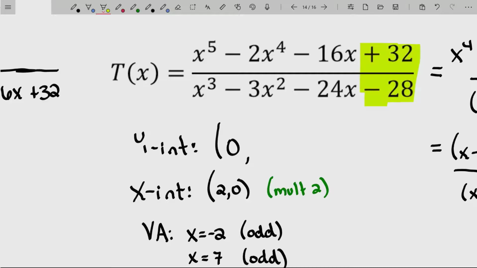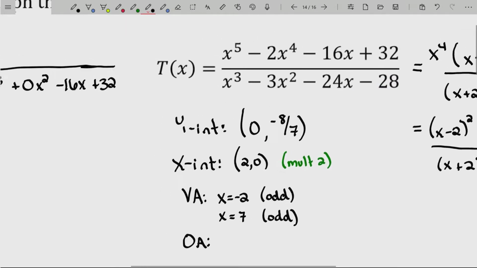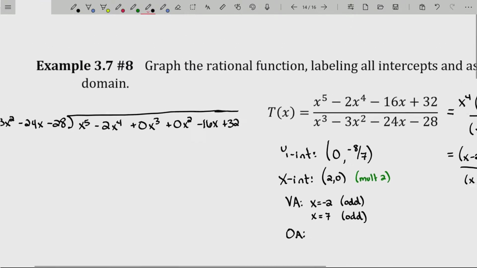Both are divisible by 4, so that'd be -8/7. So I'll write that in. That does make a significant difference, mainly because your y-intercept is now negative. So that kind of shifts things a little bit here. But yeah, be very careful about that, just like I wasn't, mainly because I've been lecturing for, it seems like, weeks.